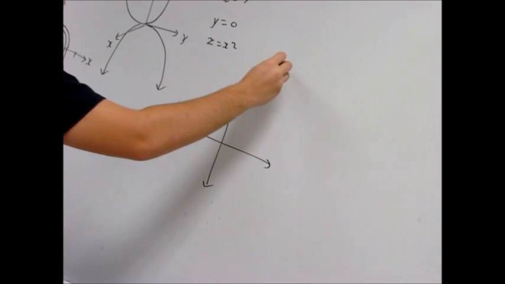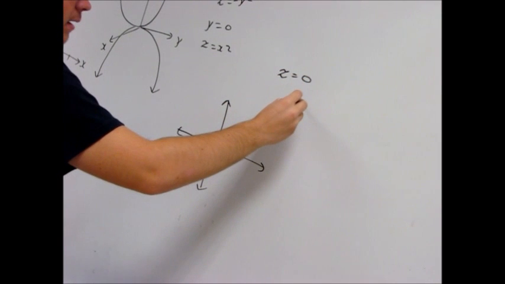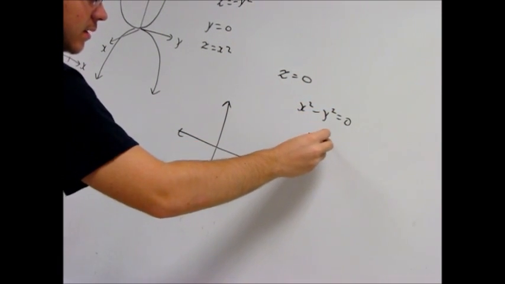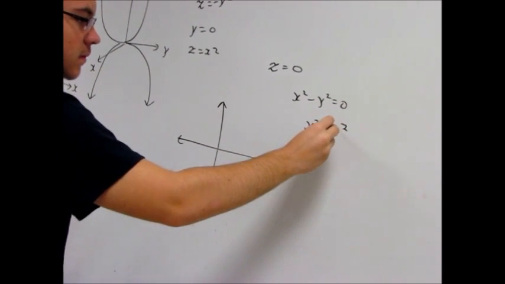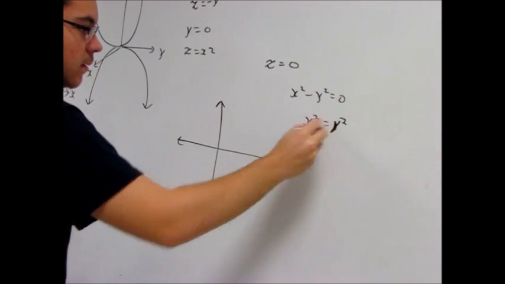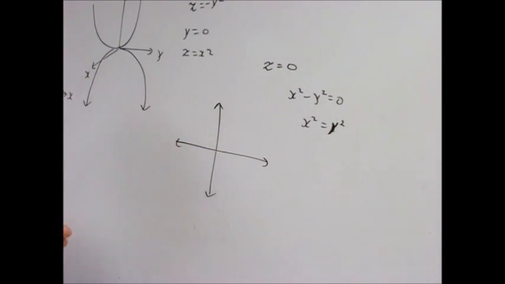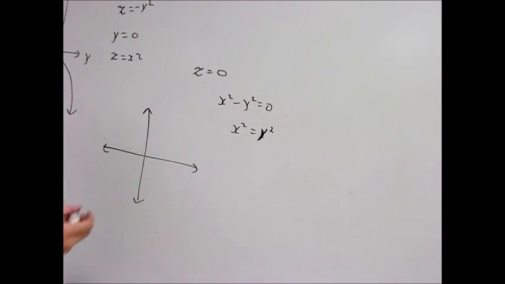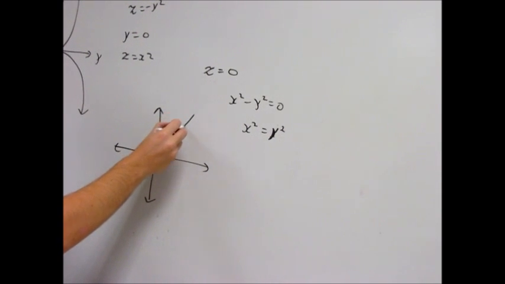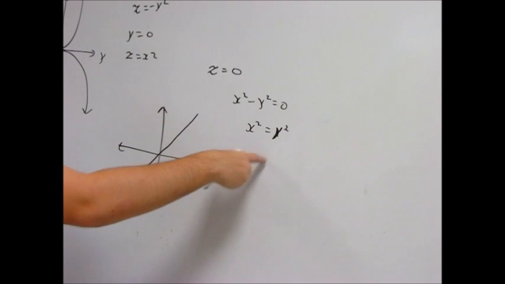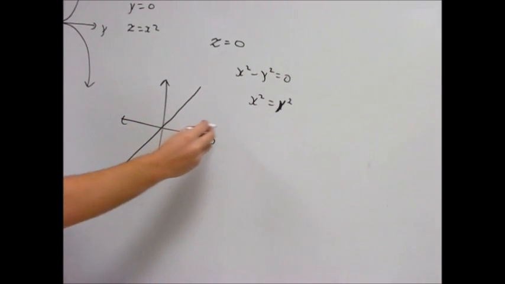So let's think about, well, first let's do z equals 0. We get x squared minus y squared equals 0, x squared equals y squared. Well, that's the same thing as x equals y, but also x equals negative y, because a negative number squared will also give you a positive number.